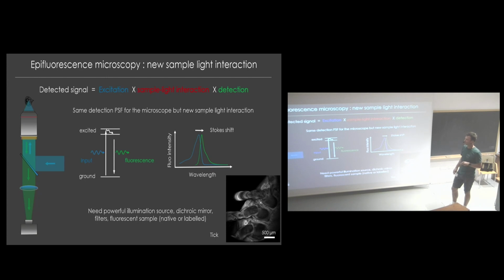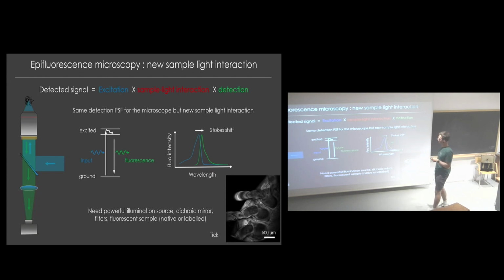Here, a blue light is absorbed, and a green light is emitted. Of course, the emitted light has a longer wavelength than the excitation due to energy conservation. The most common fluorophores are of these colors, and you excite them with a blue laser. You produce fluorescence on your sample, and then you back-collect a part of the fluorescent photons, which go through a dichroic mirror, and then you collect them with a microscope.